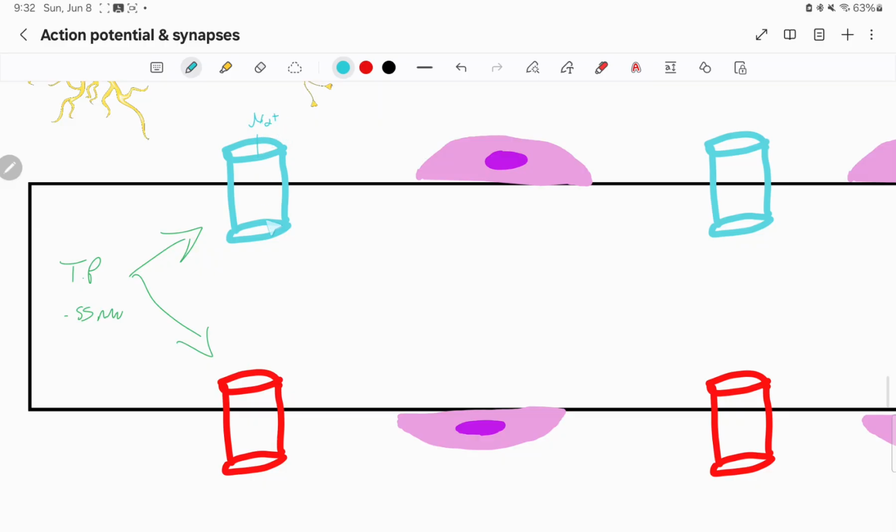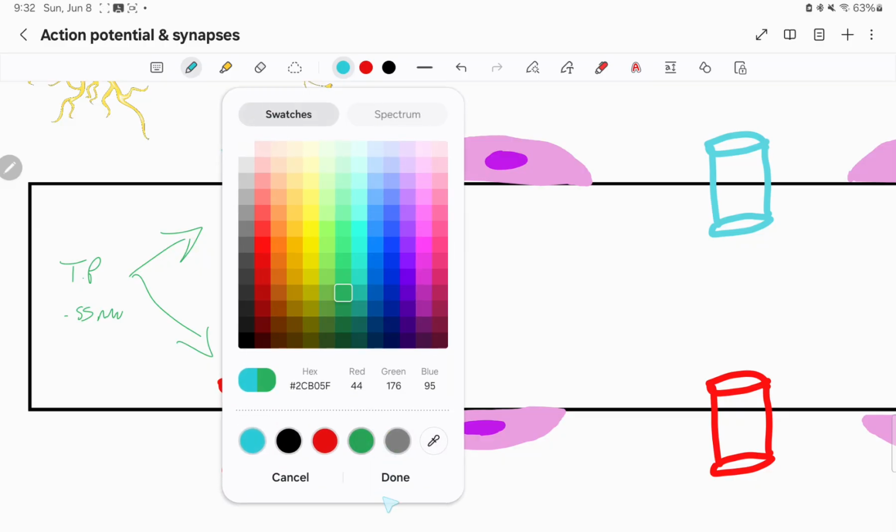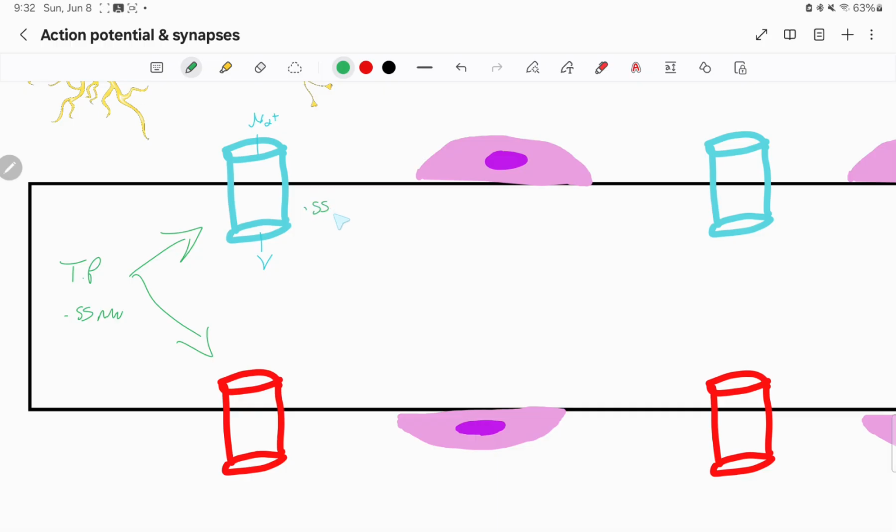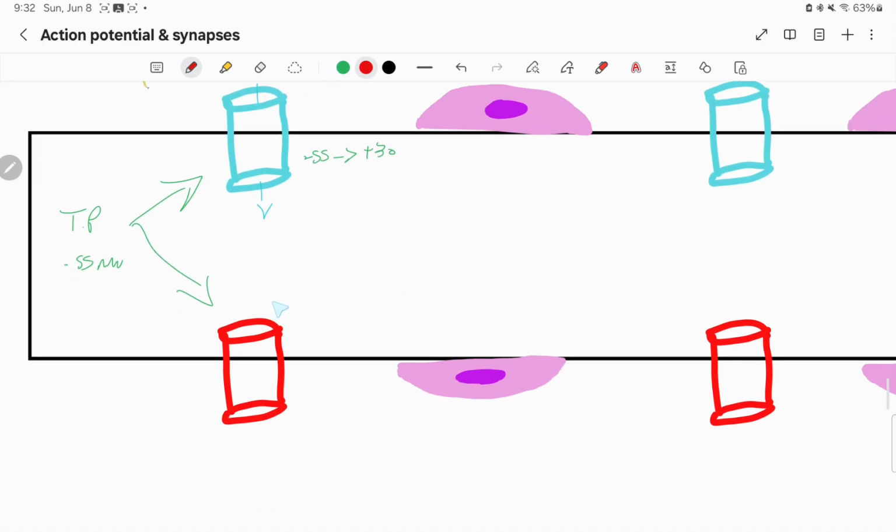Sodium will, of course, move in until it brings the cell from negative 55 all the way to positive 30, okay? At that point, potassium voltage-gated channel opens up, fully, and the potassium will go all the way out until we are from positive 30 all the way to negative 80 millivolts, okay?